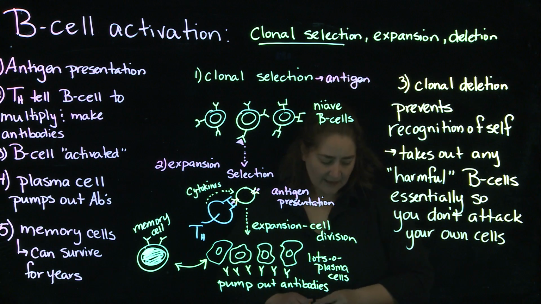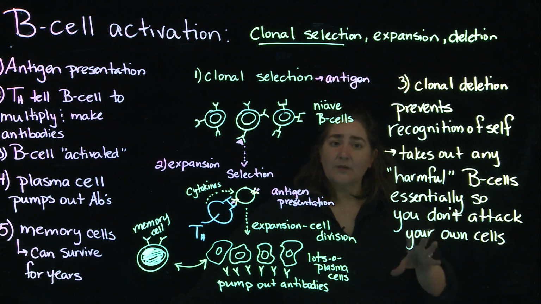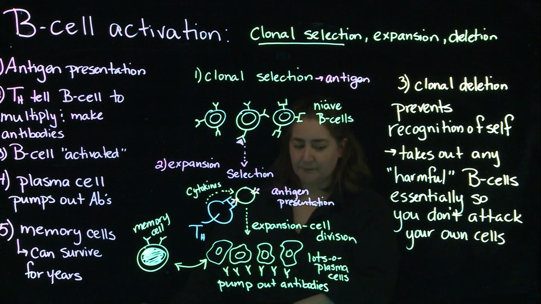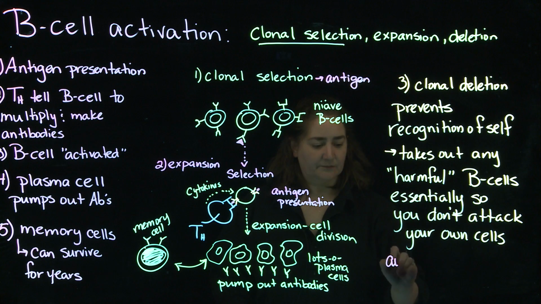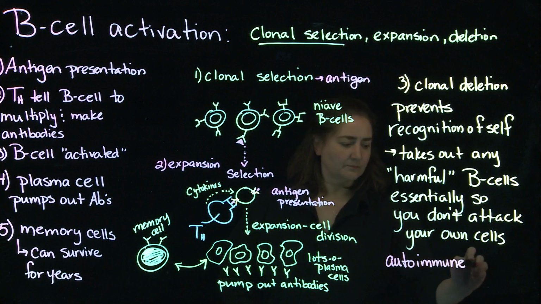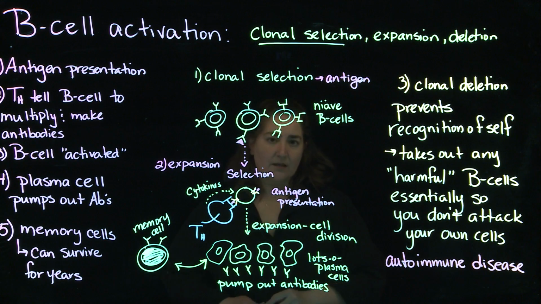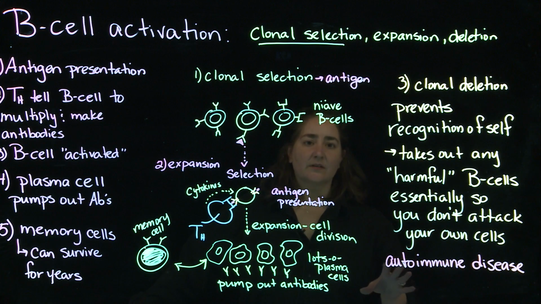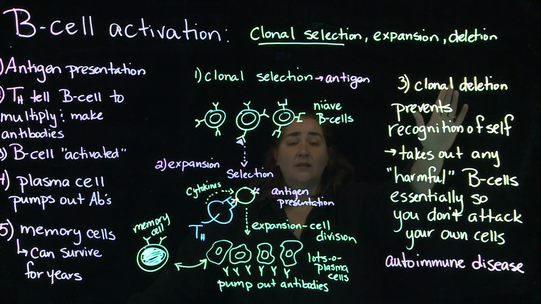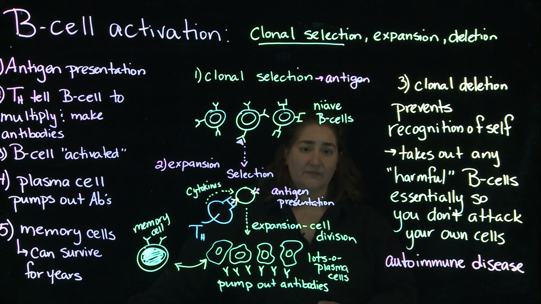And in terms of that clonal deletion, people who have autoimmune diseases, it's believed that there is some misfire or something goes haywire in the process of clonal deletion, and those B cells that can recognize your own cells are not deleted. All right?